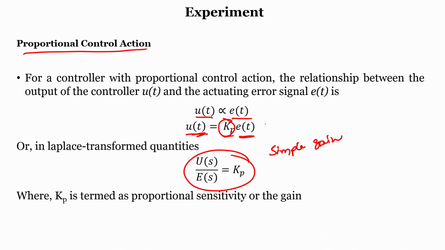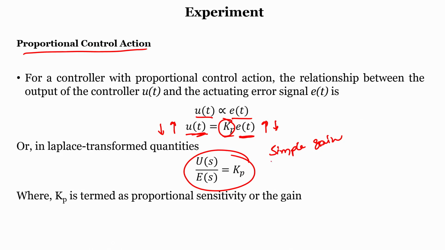If the error is higher, the input voltage applied to the plant will also be higher. If the error is low, the output of the proportional controller, which is the input to the plant, will always be low. That is entirely related to the error, which is the input here.